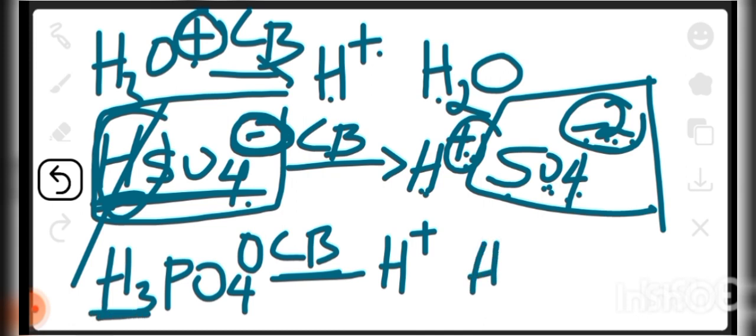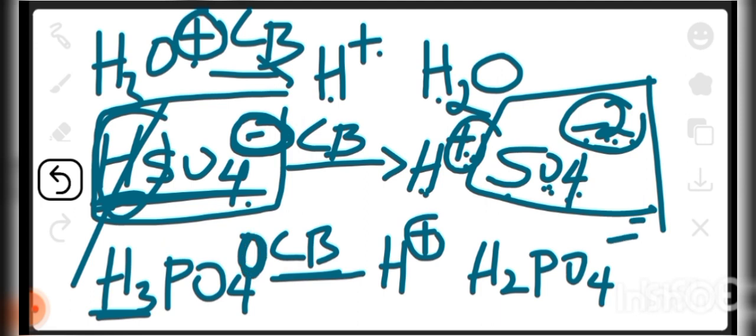That's H2. Then others remain PO4. Then to cancel out this plus now, so that there will be nothing here at the end of the day, you put minus. Minus and plus will cancel out. If you want to do it backward, if you add it together, minus and plus will cancel out, you still have H3PO4. That's what you're still going to have.